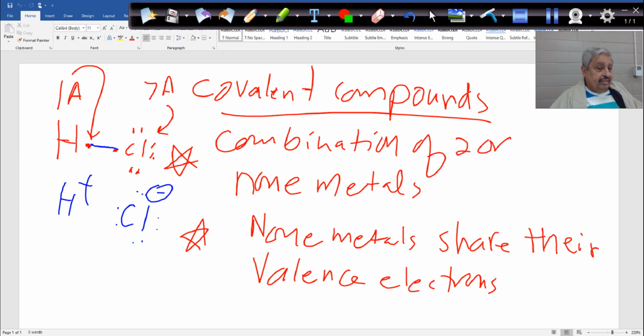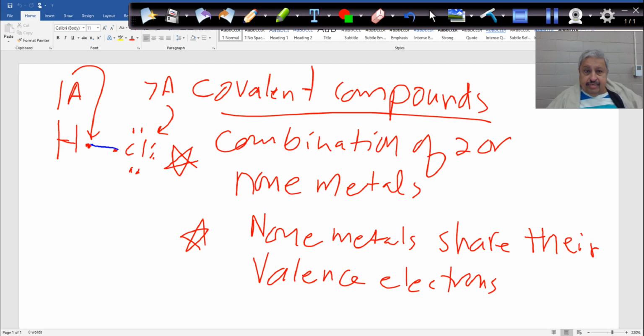They are not really like this 100%. No, this is partial. We'll learn later on about the partial. It's not happening this way. So they share their valence electrons among themselves.